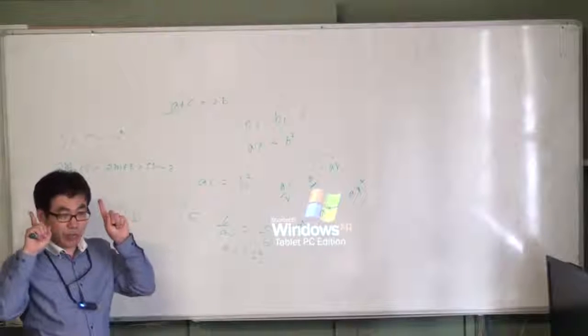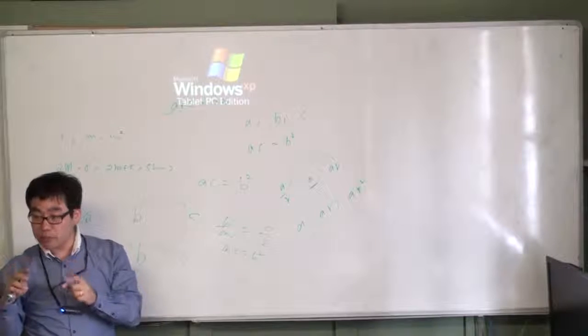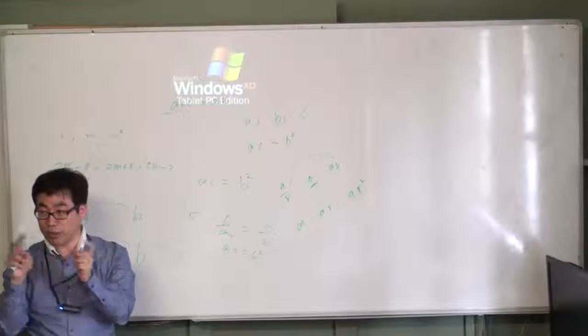Remember, arithmetic mean is the middle term of an arithmetic sequence. Geometric mean is the middle term of a geometric sequence of three numbers.